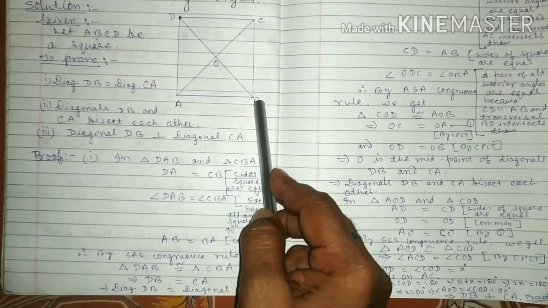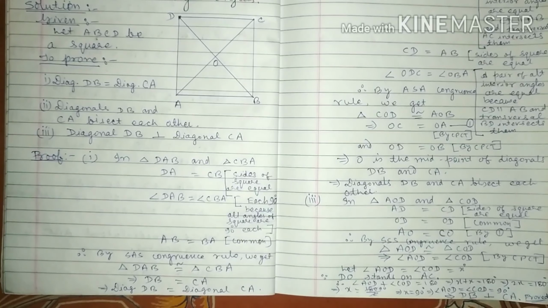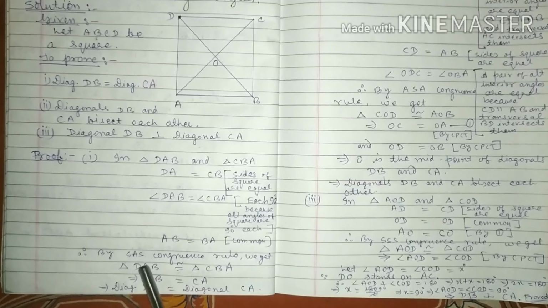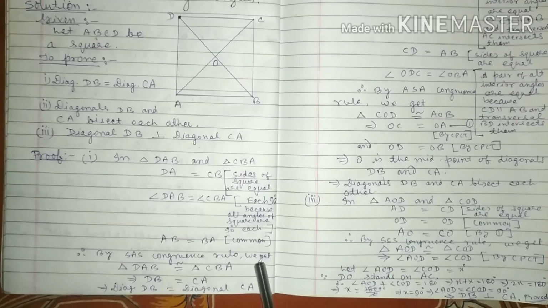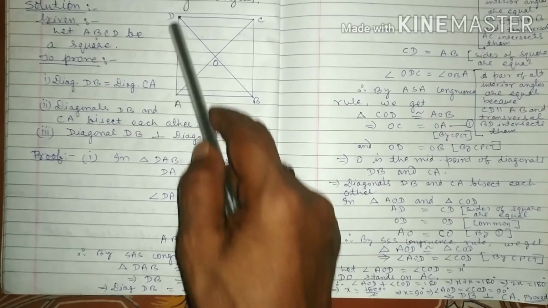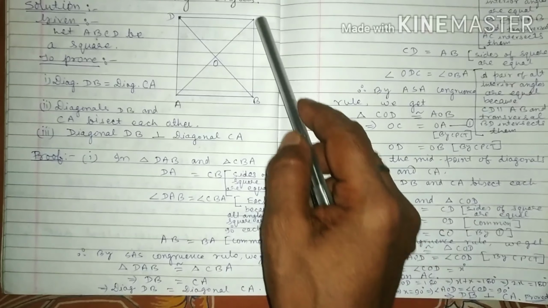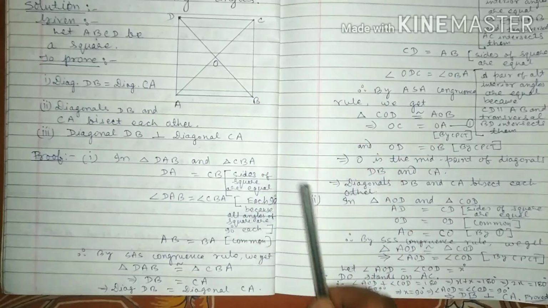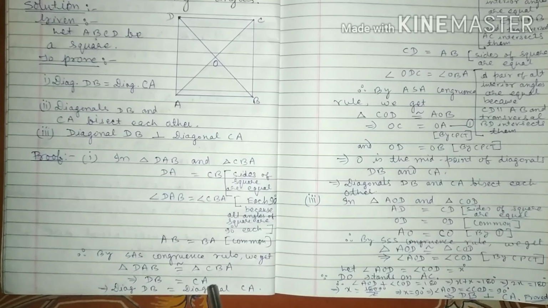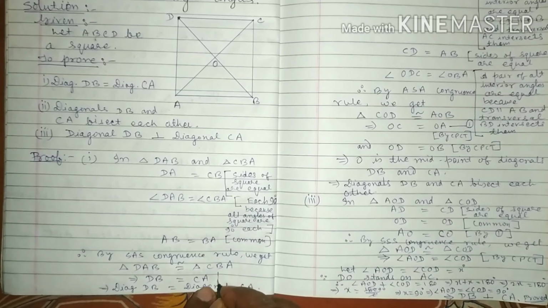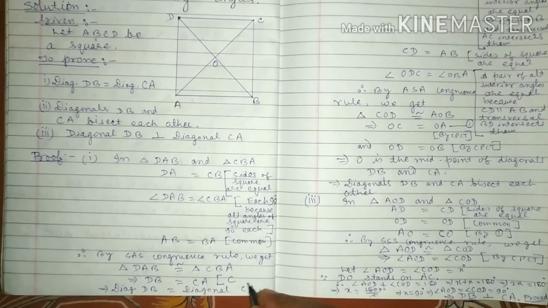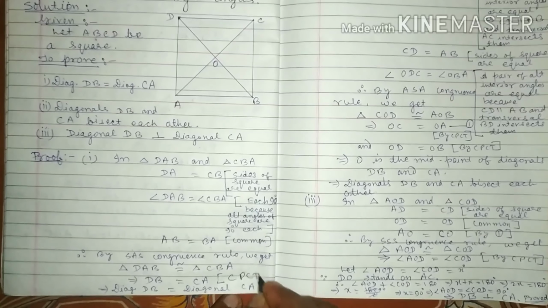AB equals BA, common. Therefore, by SAS congruence rule we get triangle DAB is congruent to triangle CBA. This implies that DB is equal to CA by CPCT. This implies that diagonal DB is equal to diagonal AC.